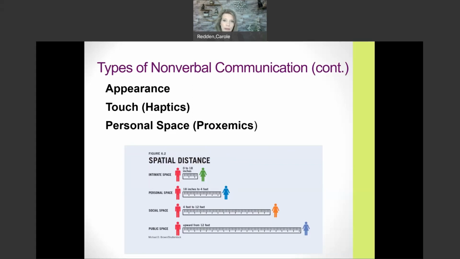You can see intimate space is 0 to 18 inches. It's like the space where you would have a partner or maybe a parent or even a baby. Intimate's meant to be a really close relationship, not necessarily romantic. Obviously, it's just who you would let in that very close space. Personal space is more like with just general friends and maybe talking to people outside of class. Again, social space now is just kind of all the time. And public space would be beyond 12 feet.